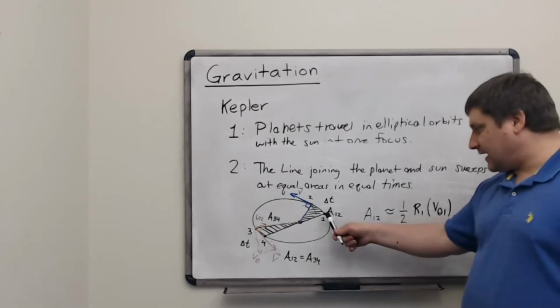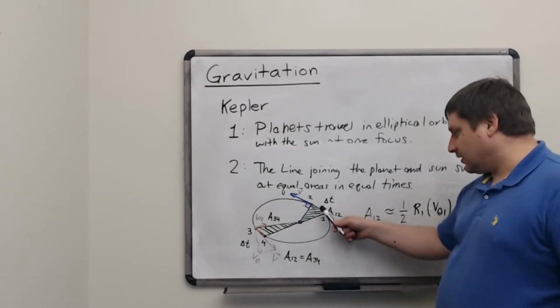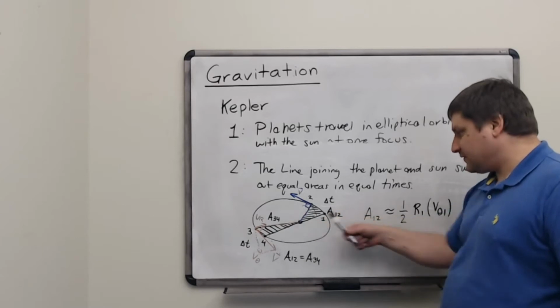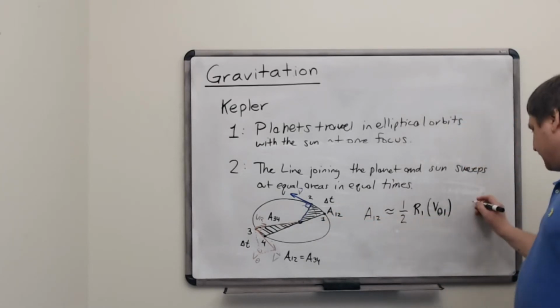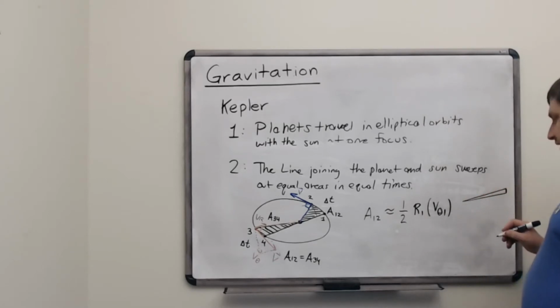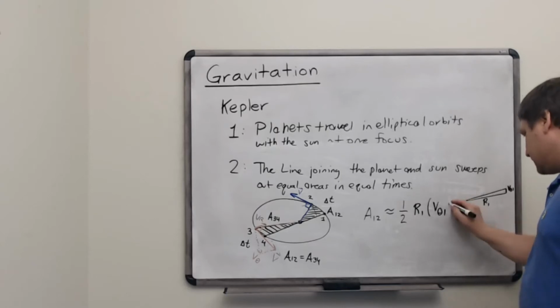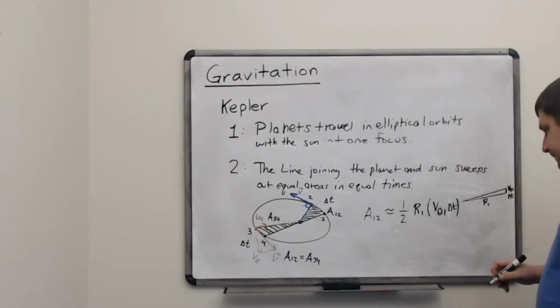Now, I've drawn these time intervals as quite large and have a very exaggerated, large pie-shaped wedge here. But this approximation becomes even more accurate if you get to skinnier and skinnier triangles or shorter time intervals. Here we would have R1 here, and then V theta 1 times delta t on the opposite leg.